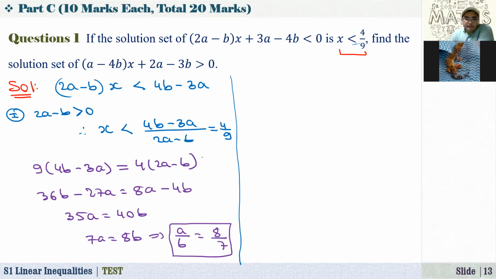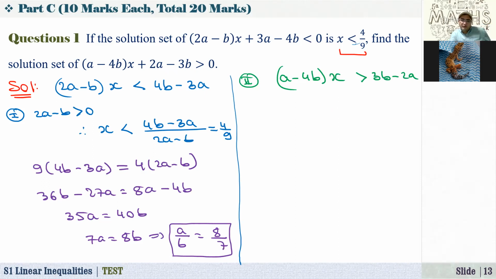Now let's continue with the second part of the question. From here, (a minus 4b) times x is greater than, take 2a minus 3b to the right-hand side, so here we have 3b minus 2a. Now, is this a minus 4b positive or not?